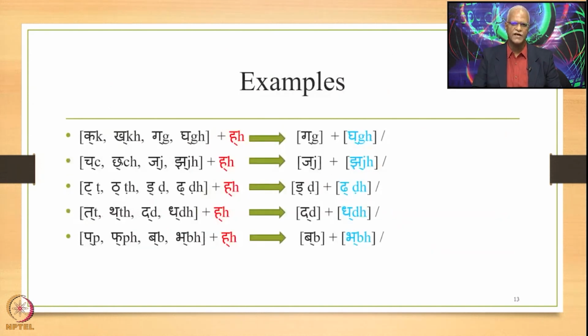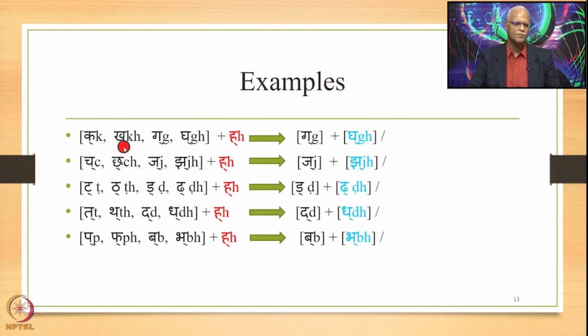Now these are the jhay sounds: ka kha ga gha, cha chha ja jha, ta tha da dha, ta tha da dha and pa pha ba bha. These are the jhay sounds, where we have class consonants column 1, column 2, column 3 and column 4. So when jhay appears here followed by ha in the samhita mode, this ha is replaced by the savarna of these 4.